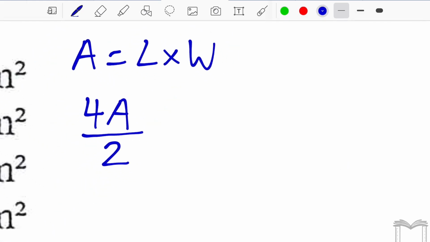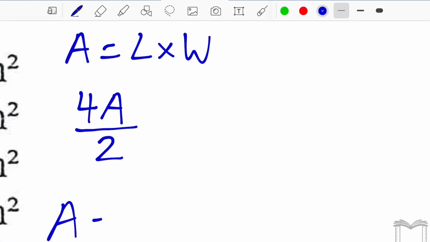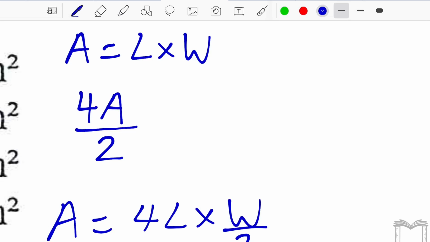So let's rewrite the formula. Area is equal to, so if we multiply the length by 4, that will mean we have 4 length multiplied by the width. If we halved the width, it means the width will be divided by 2. Right? So let's look at this part here first. 4a over 2. 4 divided by 2 is 2.